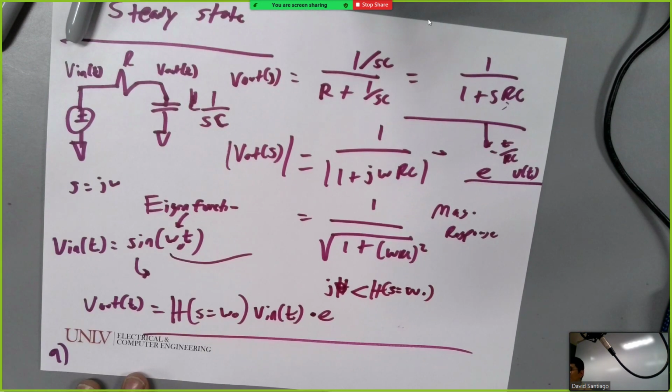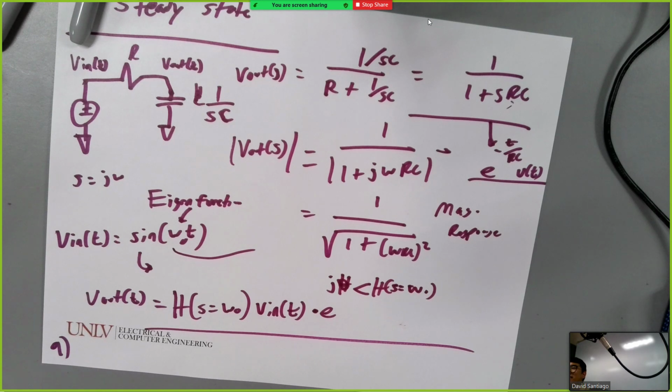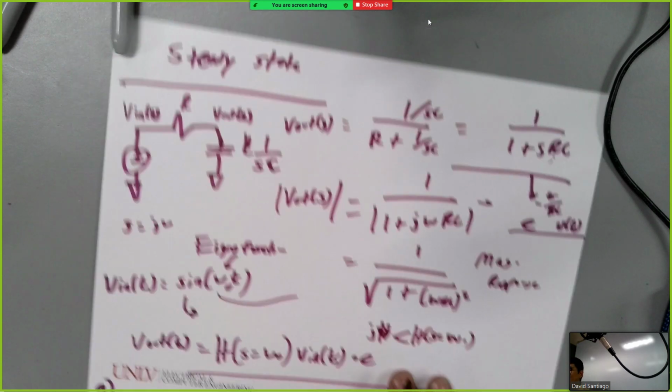Easy? So what I'm trying to say is V out is going to have a change in magnitude and a change in phase. That's what he means by steady state.